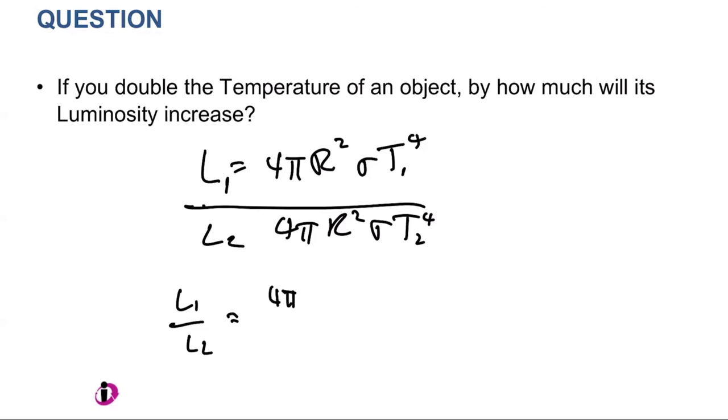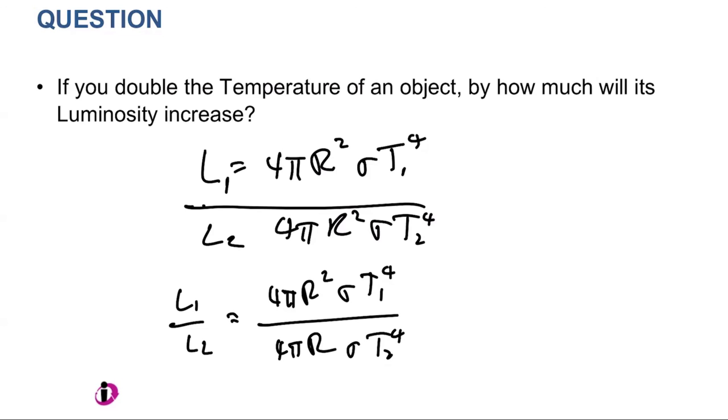We can say 4 pi r squared, sigma T1 to the 4th, divided by 4 pi r squared, sigma T2 to the 4th power. And the cool thing is everything that hasn't changed, this 4 pi, this r squared, oh, I didn't put an r squared up there, but it is there, and r squared down here. R squareds cancel out, the sigmas cancel out, and the only thing that matters is the thing that's changing, and that's the temperature.